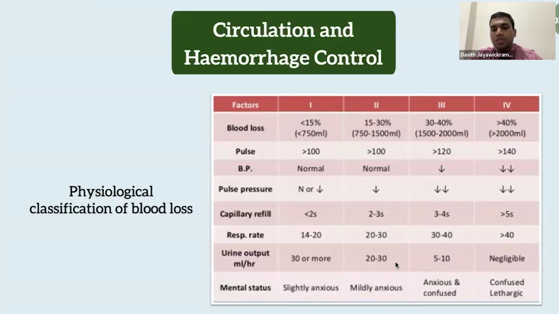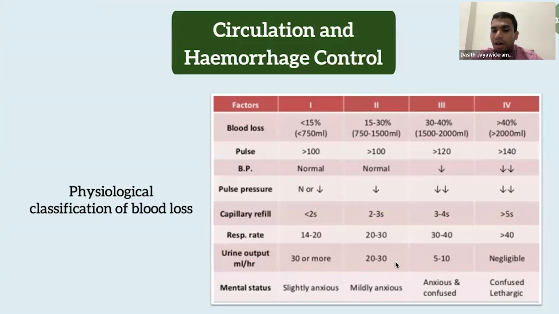The systolic blood pressure is dropping, the sympathetic activity is still rising, and the diastolic blood pressure is rising, so the pulse pressure is decreasing further. Capillary refill time will be increased, the respiratory rate increases further, and the urine output reduces.